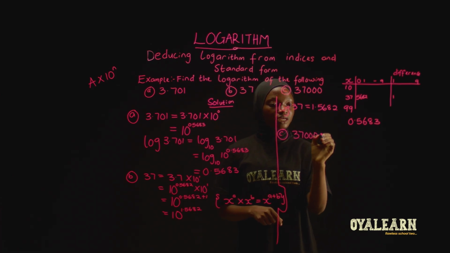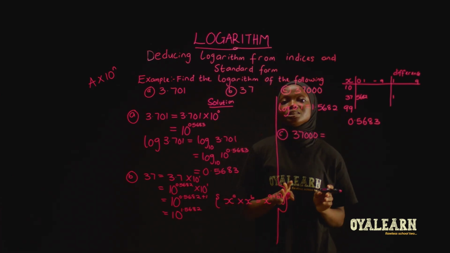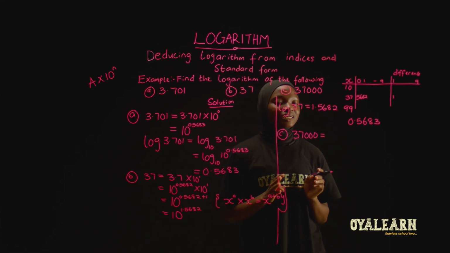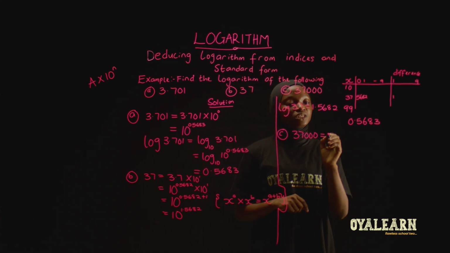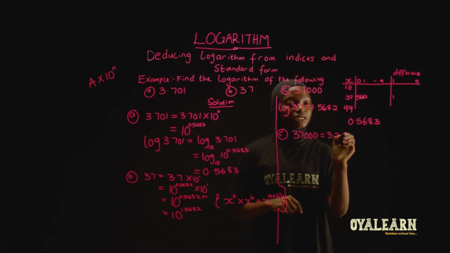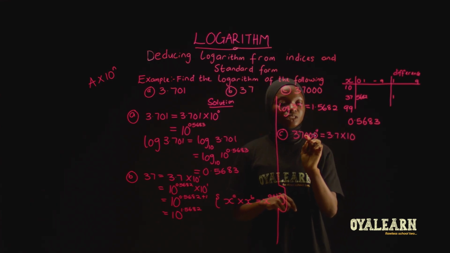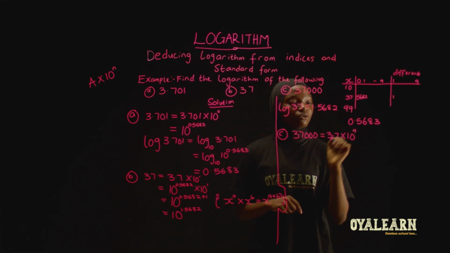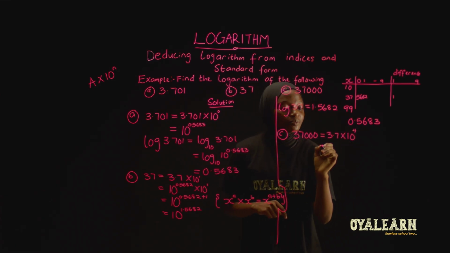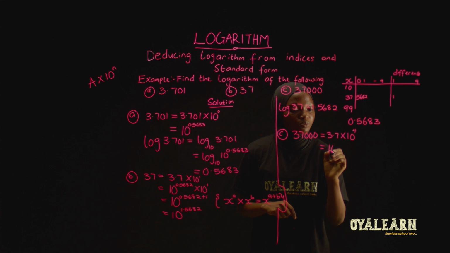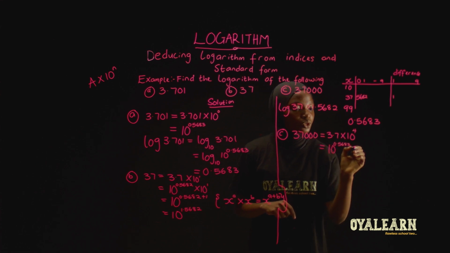Now for the third question, we have 37,000. Here the first step is also to express this in standard form. And to express this in standard form is going to give us 3.7 times 10 raised to the power of 1, 2, 3, 4, 10 raised to the power of 4. And 3.7 can be expressed as 10 raised to the power of 0.5682, then multiplied by 10 raised to the power of 4.